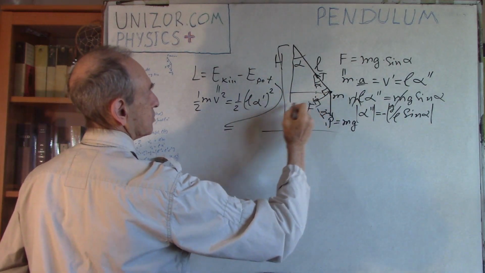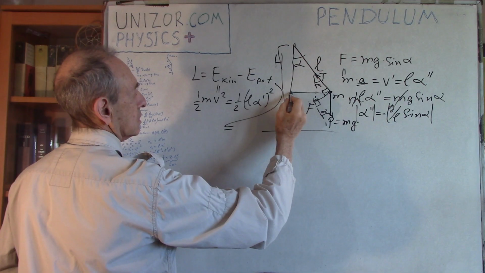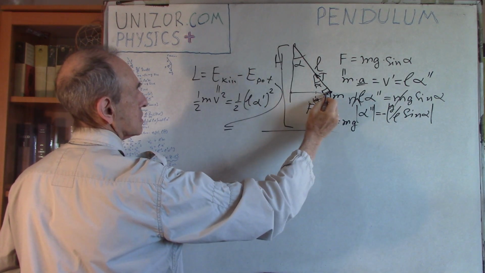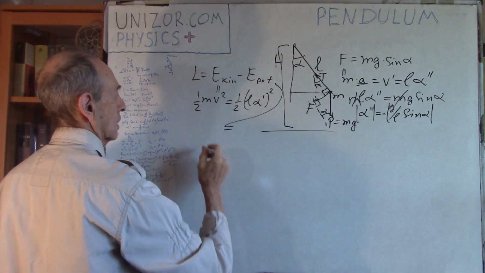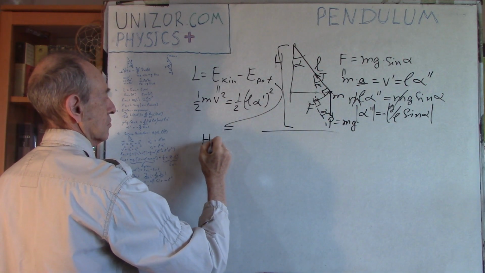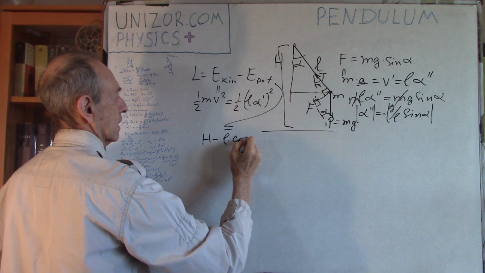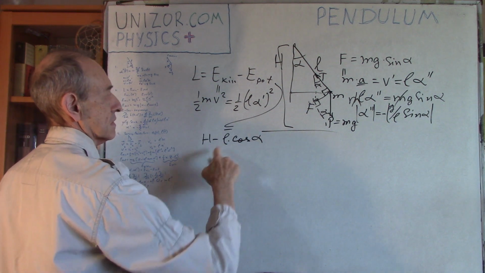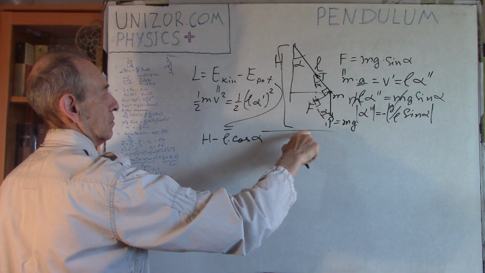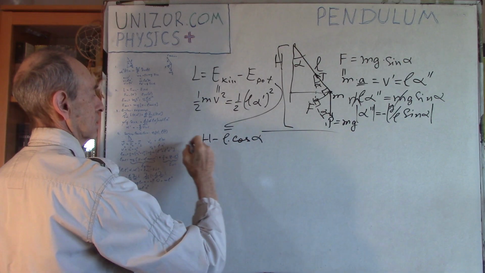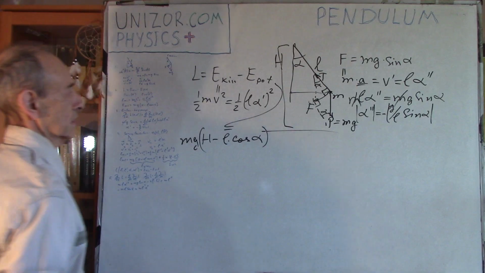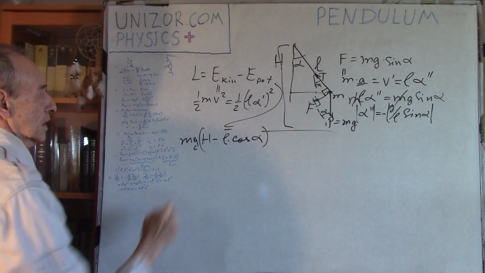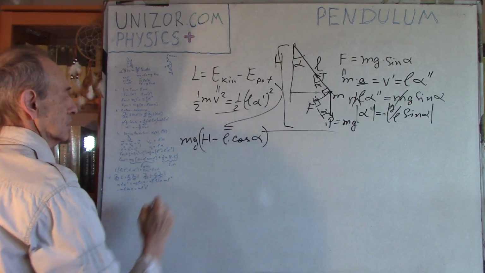So we have to subtract from the total h this, which is L times cosine. So h minus L times cosine of alpha is the height above the ground, and if we multiply it by mg, we will have the potential energy. So we have kinetic energy, we have potential energy.